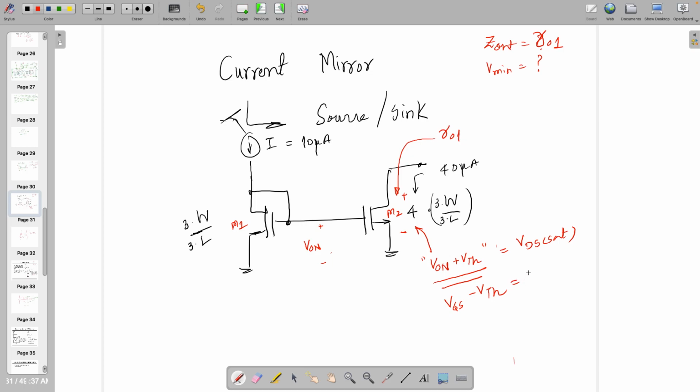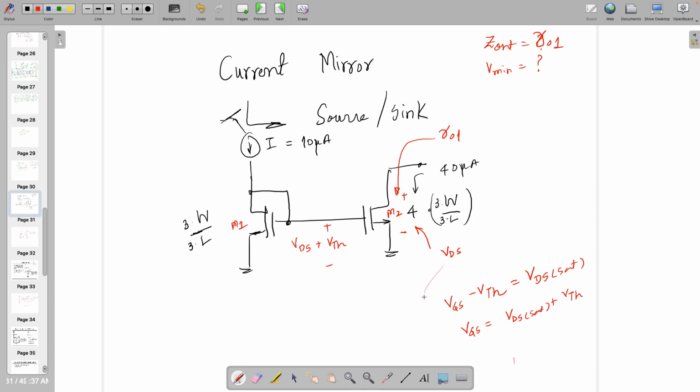VGS minus VTH has to be equal to VDS set. My definition is maybe wrong. Let's write it this way: VDS set, so then VGS becomes VDS set plus VTH. So if this becomes VDS set plus VTH, then this becomes VDS.